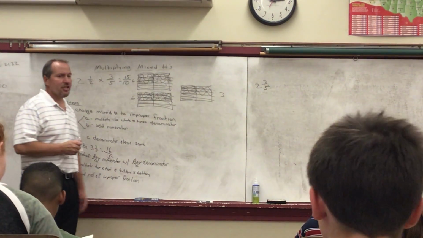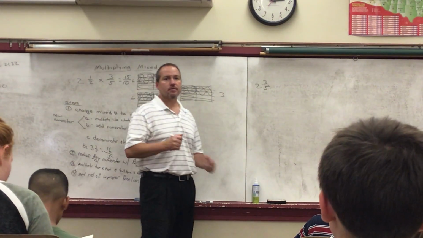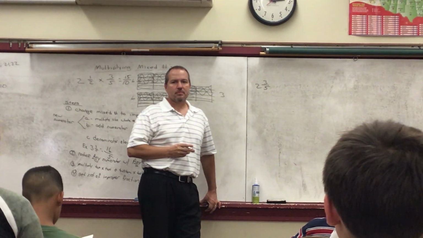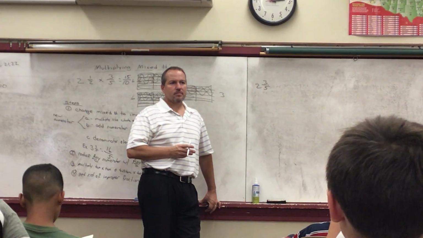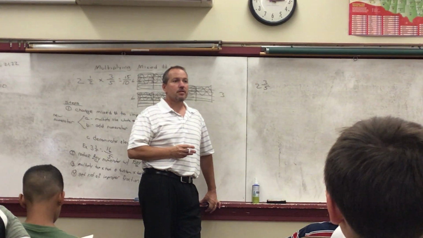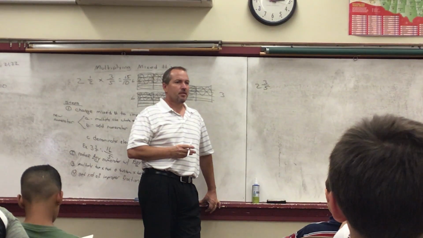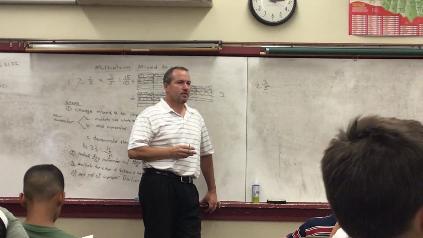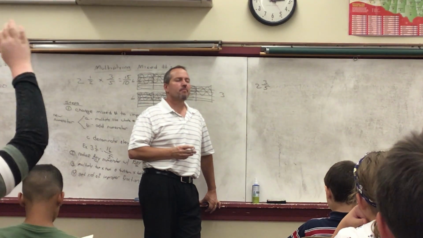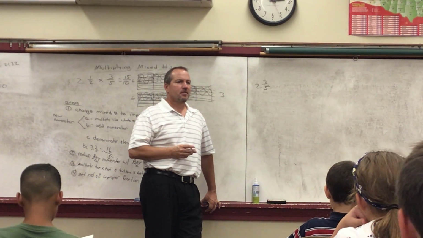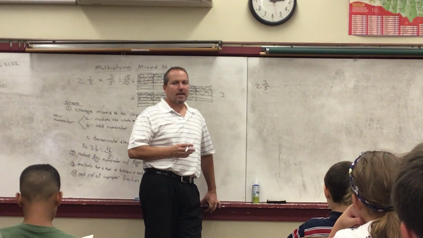So Declan, how do we change 2 3/5 to an improper fraction? Jana? Well, you take, just tell me the numbers. 5 times 2, and then you would add 3. Okay.